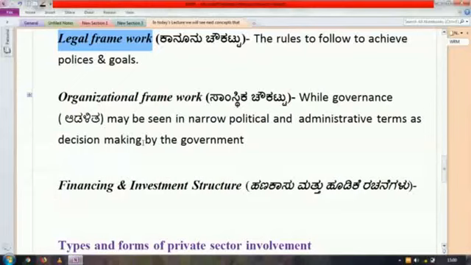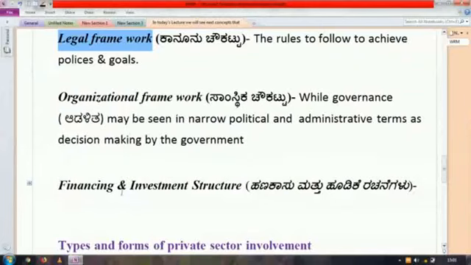So in this organizational framework, whatever the government agencies and private institutions are, they should adopt the rules and regulations made by the legislative framework, such as policies and laws. The organizational framework says that all the administrators and some private sectors should adopt these rules and regulations to follow the legislative framework aspects.